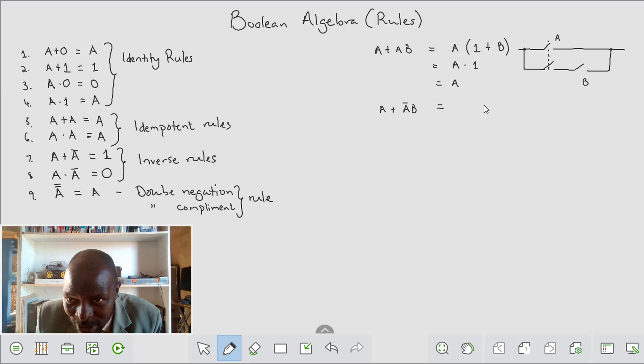But if you use the same thinking that we can use switches, it's A here, then it's the same scenario. We have an O and an end.